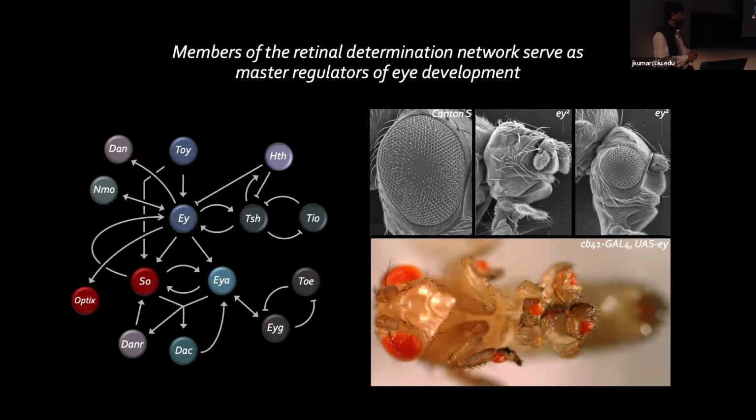You can take any one of these and overexpress it in non-ocular tissues like the legs, the wings, the antennas, the genitals of a fly, and you can redirect portions of that tissue into compound eyes, which you can see here. They're all across the legs. The genitals are out of focus, but there are compound eyes there as well.